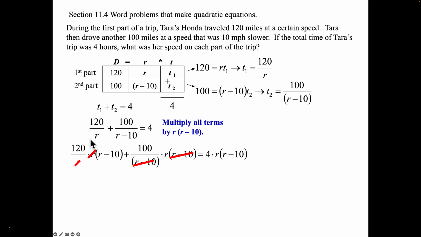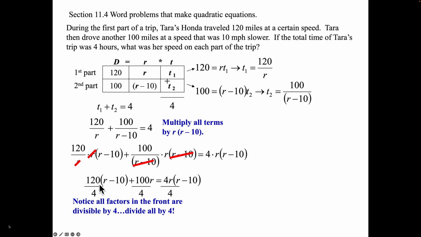So we have 120 times R minus 10 plus 100 times R equals 4R times R minus 10. Now, I noticed that here's 120, here's 100, and here's 4. All these coefficients are divisible by 4. So if you want to, instead of working with huge big numbers, you can work with small numbers.